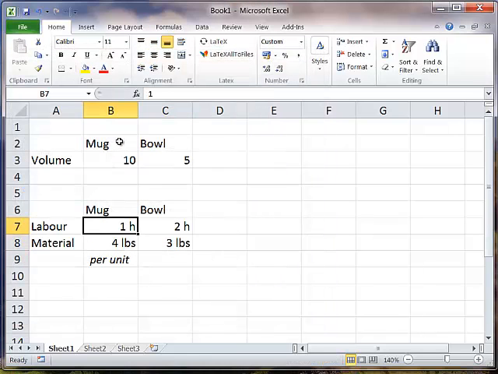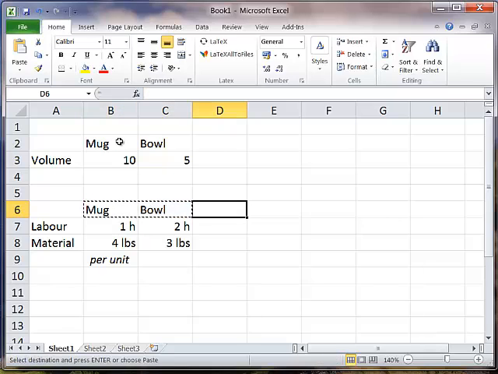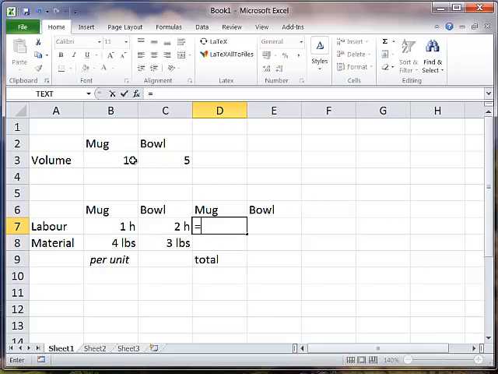To be completely correct, I should say 1 hour per unit. Okay, now to actually have it all together, so the total, we have to multiply with the volume, so 1 hour with the volume.